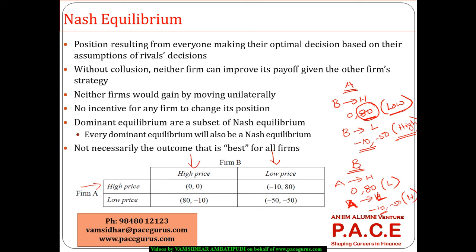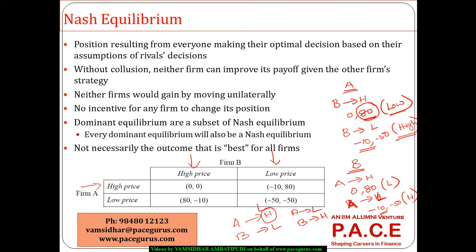Which means again from B's perspective also there is not one dominating strategy. So if A is going for a high price, B has to go with a low price. And if A is going with a low price, B has to go with a high price. Which means here there is no dominant strategy, but A directly cannot go to low.